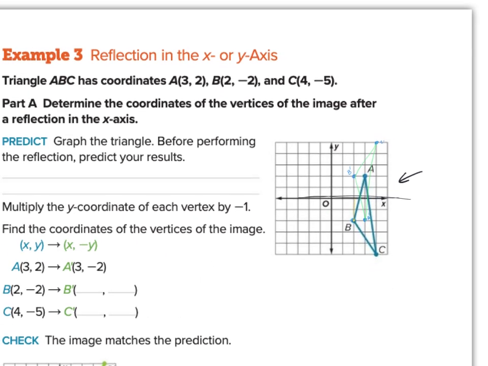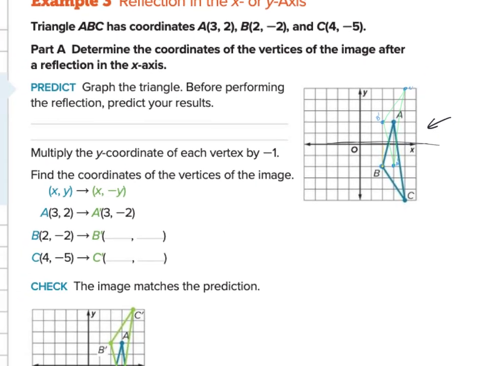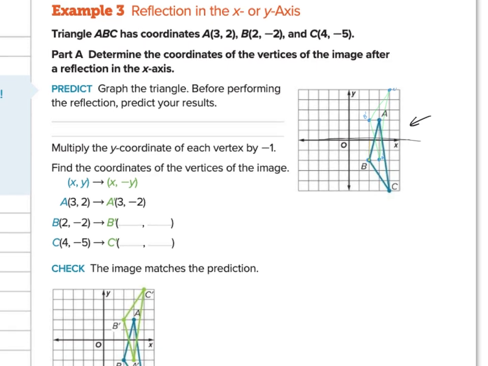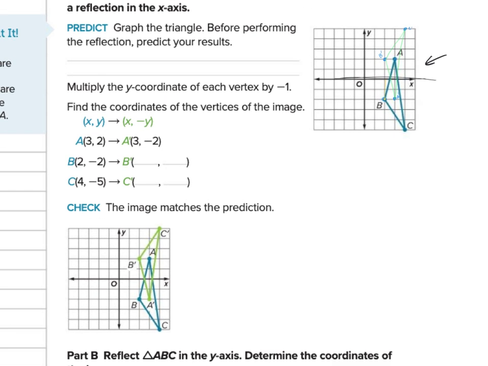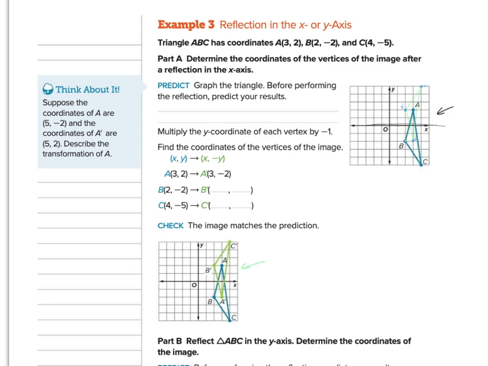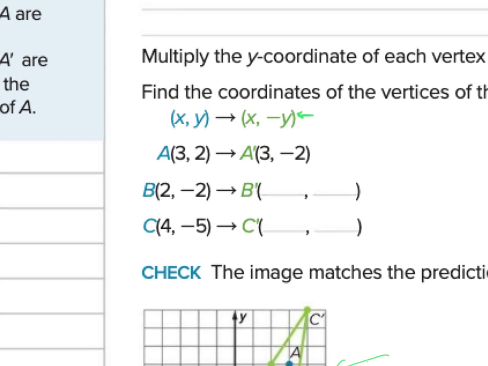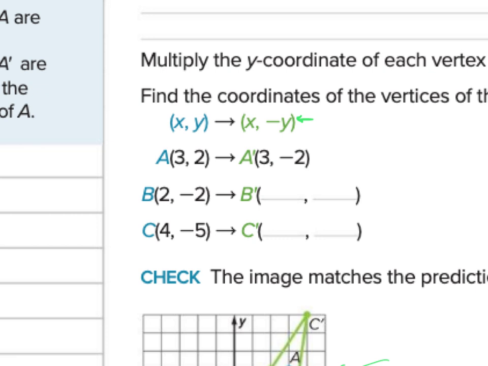Okay, and we'll go through a lot of these practices, but just understand, that's how we would have done that. And they give you a good example, and there it is. Obviously, we could have used our mapping. So if x, y maps to x, negative y, the x's remain the same, and the y becomes negative.